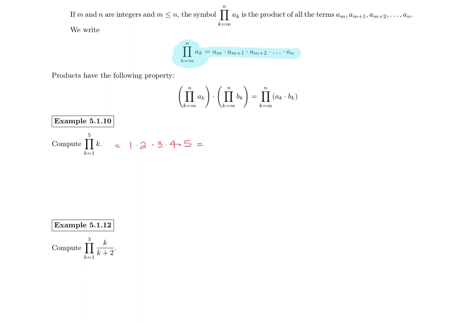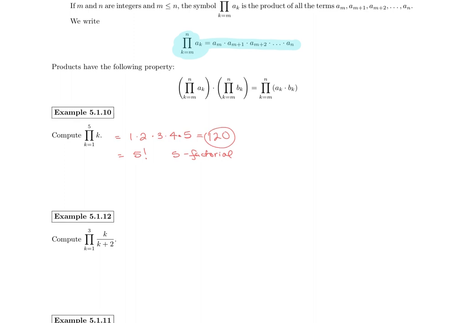So this is 120, but another name for this is also 5 factorial. We're going to learn about that on the next page. It means you multiply every number up to that value. But some of you will have recognized that as 5 factorial.